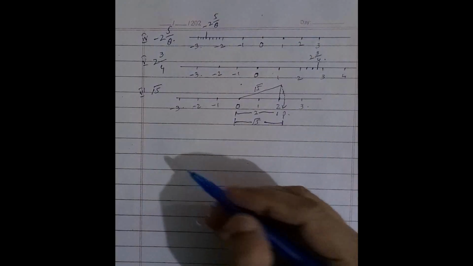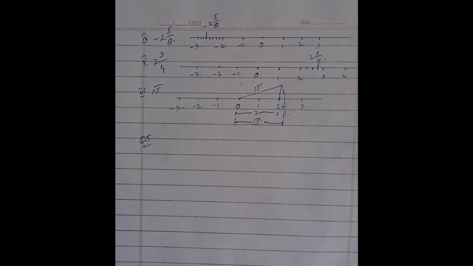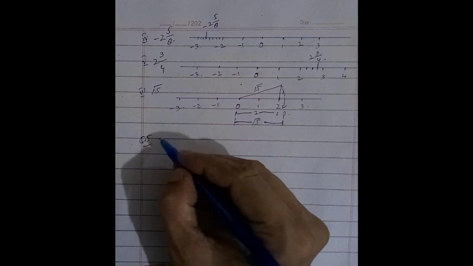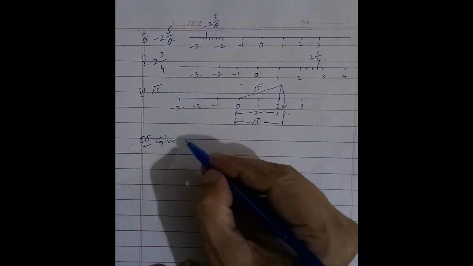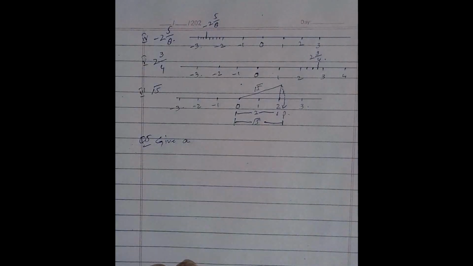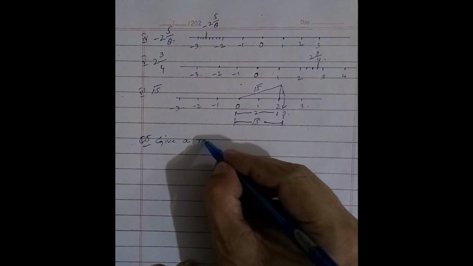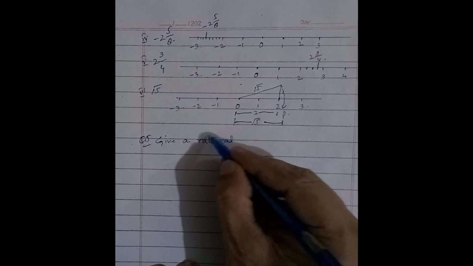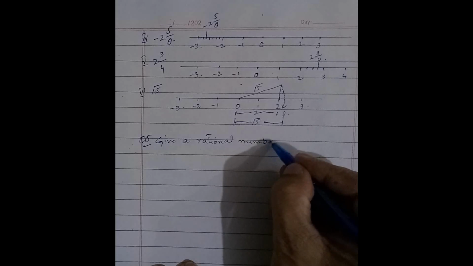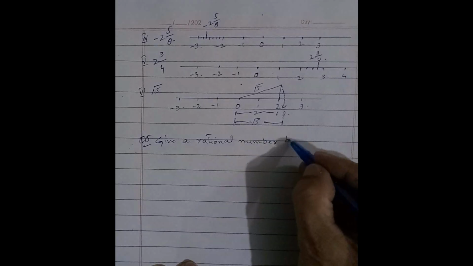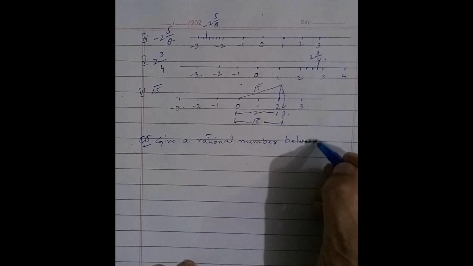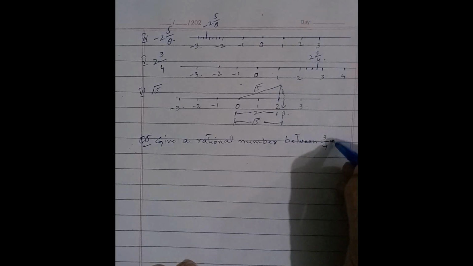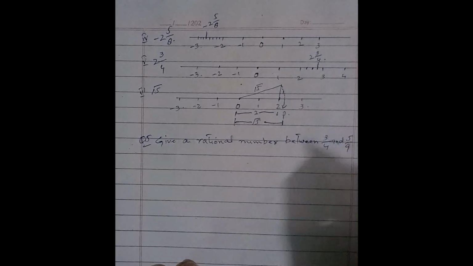The next is question 5. Give a rational number between 3 over 4 and 5 over 9. The question is to give a rational number, meaning one rational number, between 3 over 4 and 5 over 9.